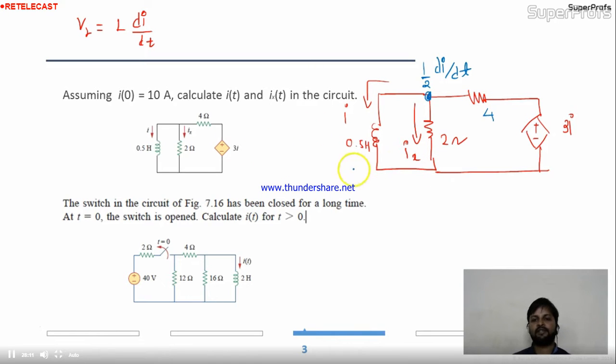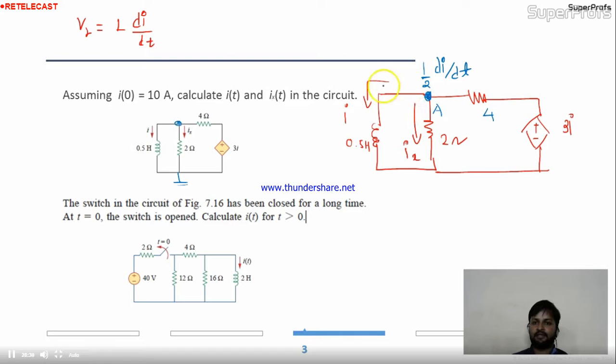So I'm going to solve this circuit by KCL directly. Why? Because I have two nodes, one grounded and one non-reference node, so I only get one equation, and I can easily solve it. At node A, I am applying KCL, or nodal analysis.